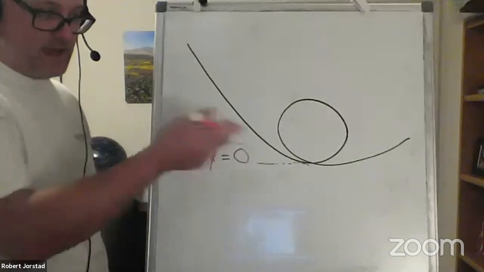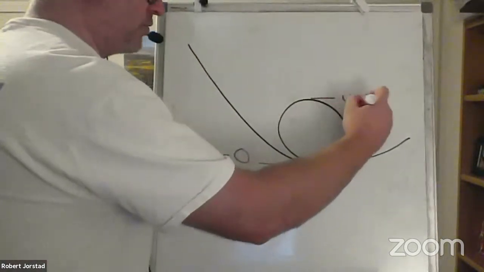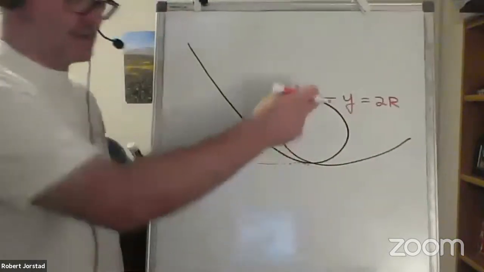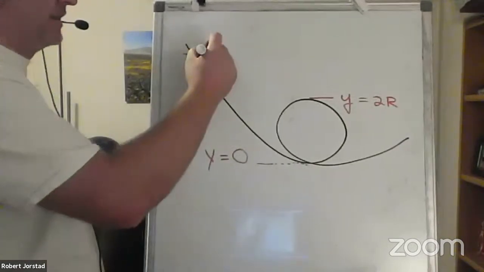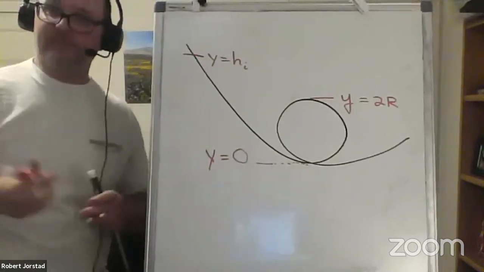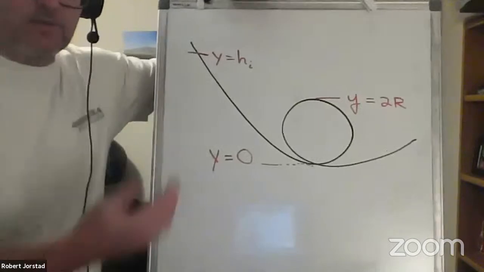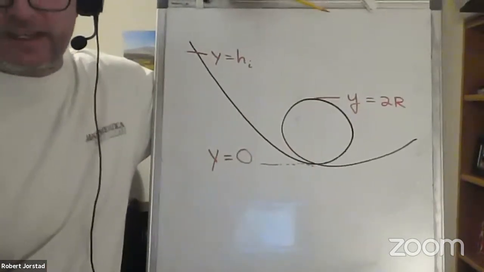Now all my heights are going to be positive numbers. Notice that this y is equal to 2 times the radius. It's not the radius, it's 2 times the radius. And so here, this y would equal height initial, or whatever you want to call it. We could have different height levels and reference them to this being 0. That's what I was trying to get at there.